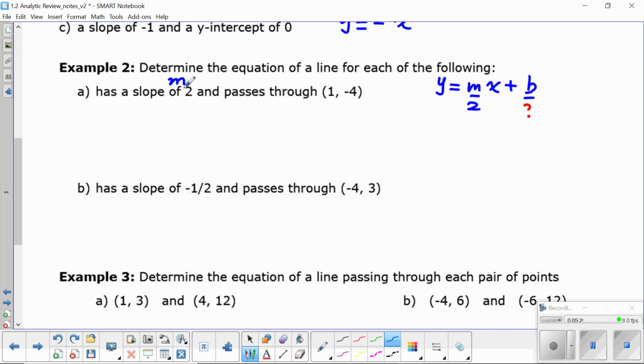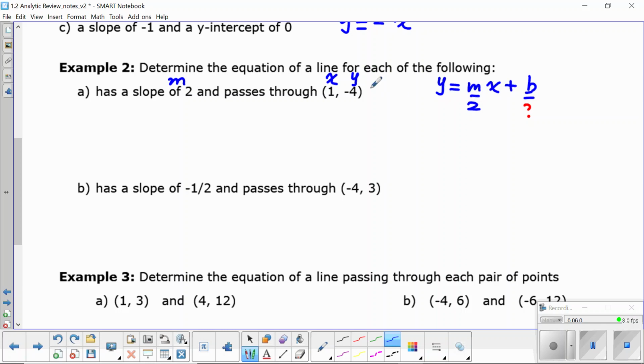So you have one slope and you have one point. And for this point, you could use the x coordinate and y coordinate for x and y to sub into this equation. If a point is on a line, then this point, the xy coordinate, substituted into the equation of the line, should satisfy that equation.